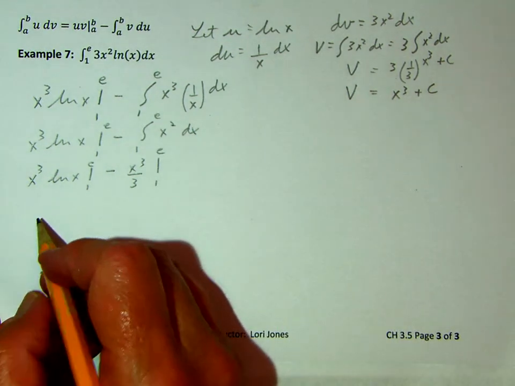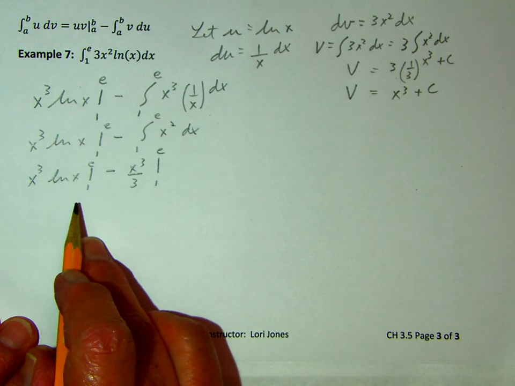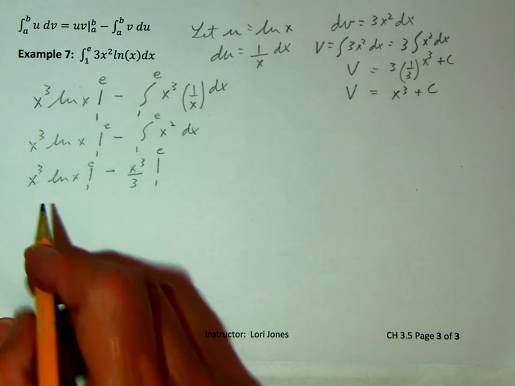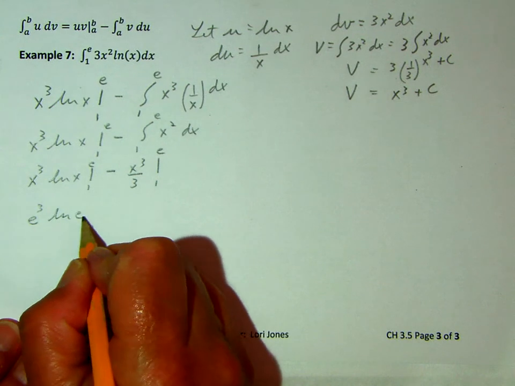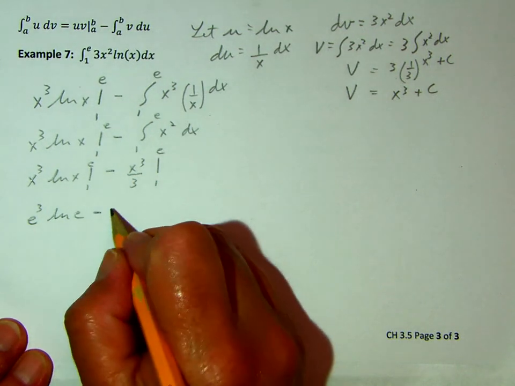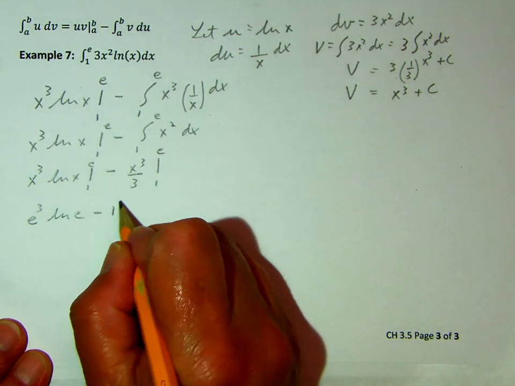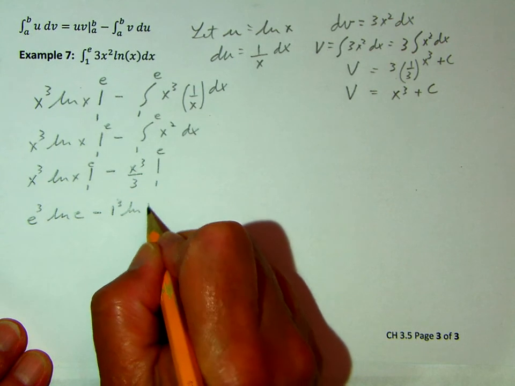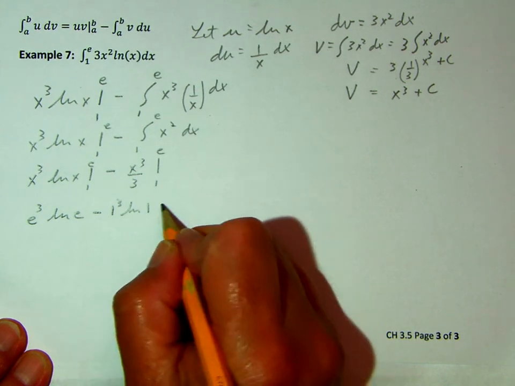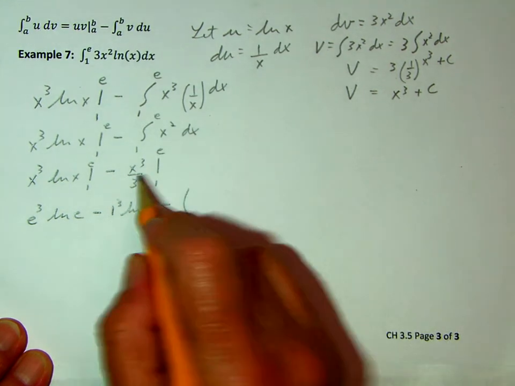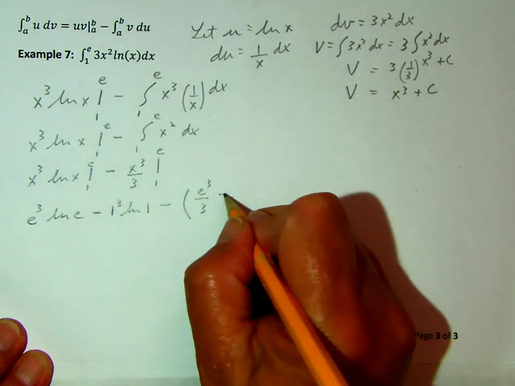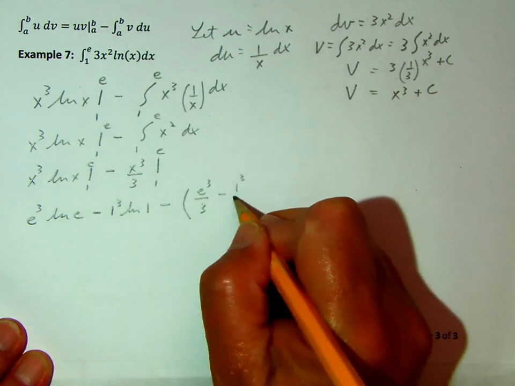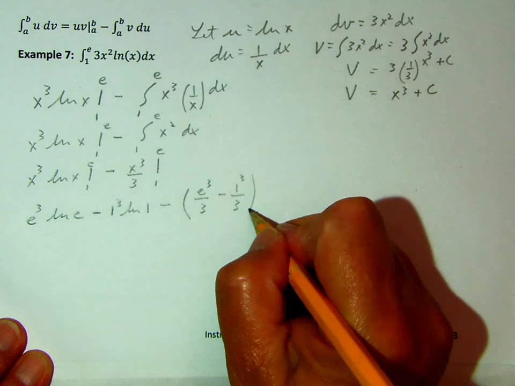So let's go ahead and do the evaluation. That would be e cubed ln e minus 1 cubed ln 1 minus e cubed over 3 minus 1 cubed over 3.